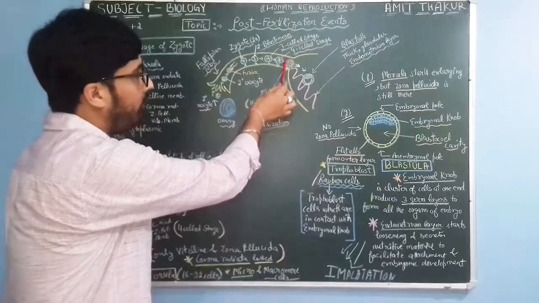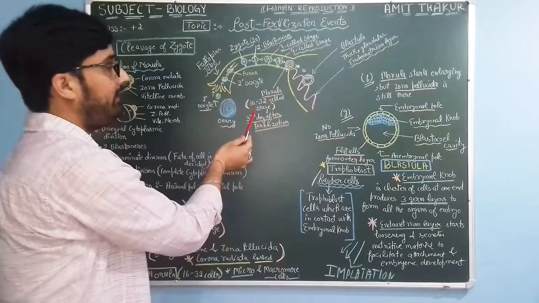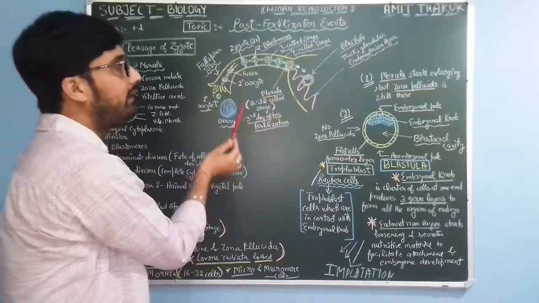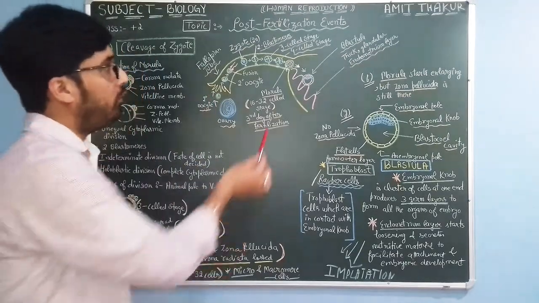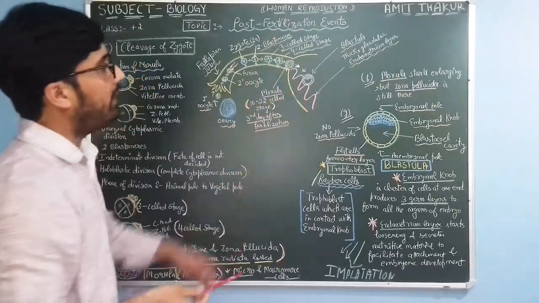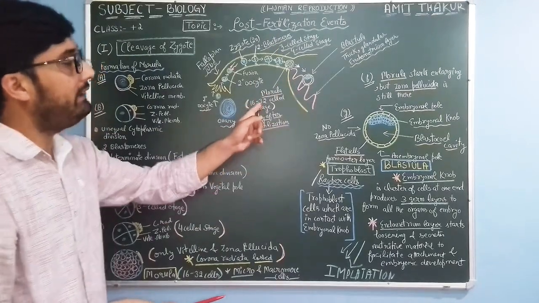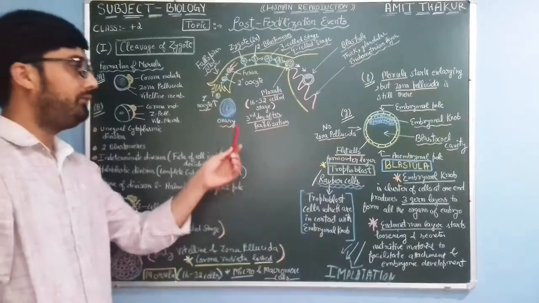The morula stage is formed on the third day after fertilization; it is a 16 or 32 cell stage.